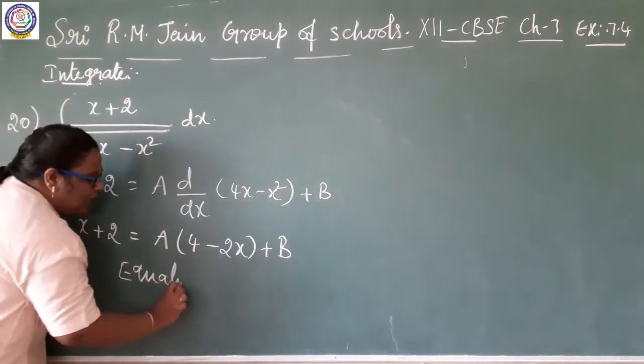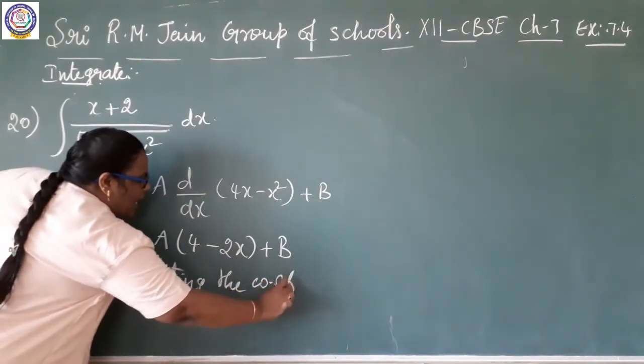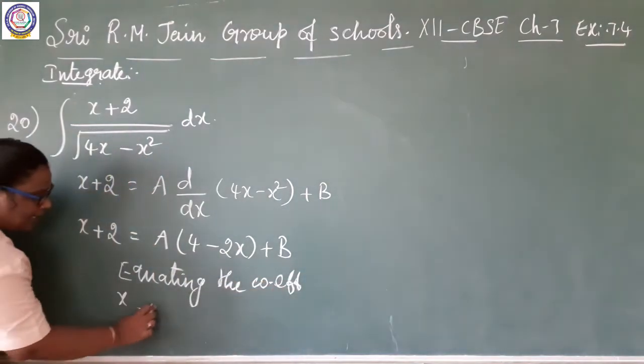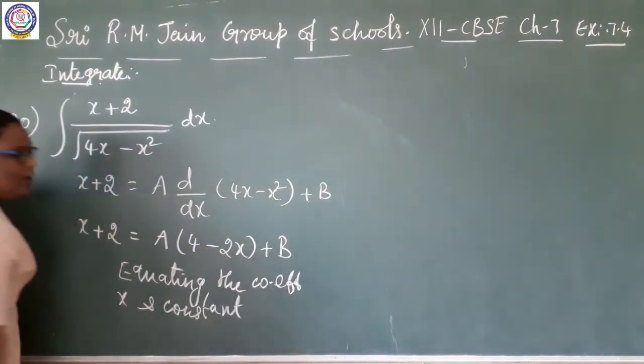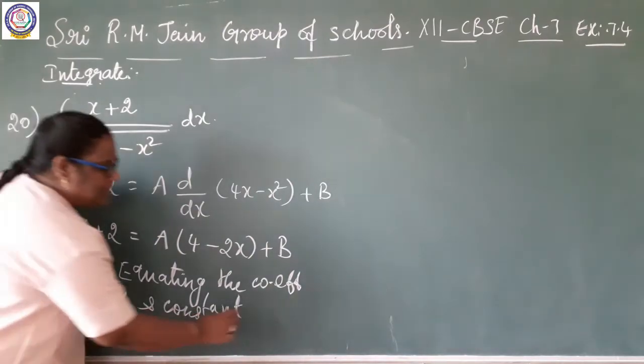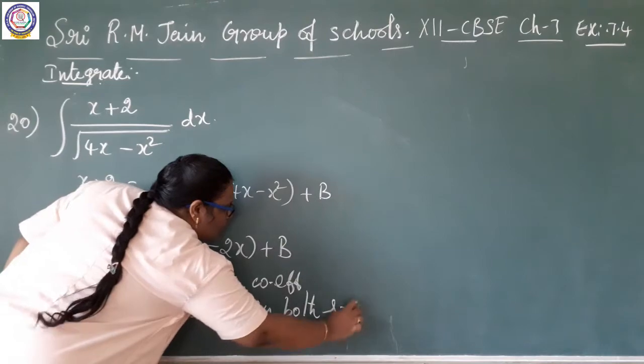Equating the coefficient of x and constant term on both the sides. What is the value we are getting now?